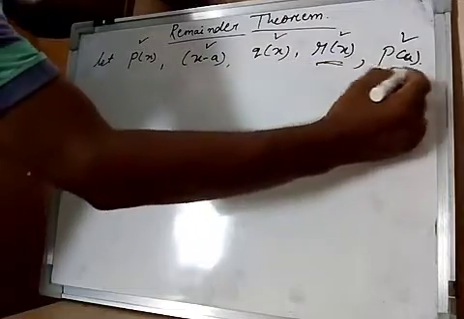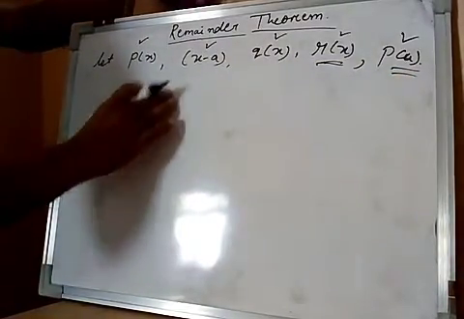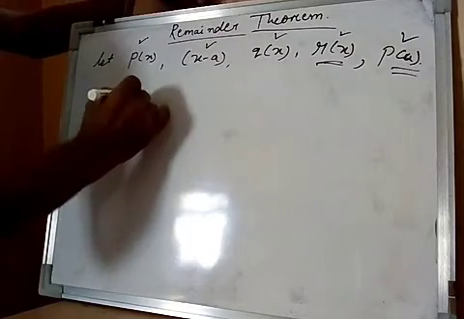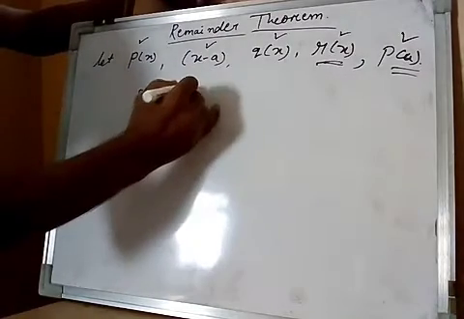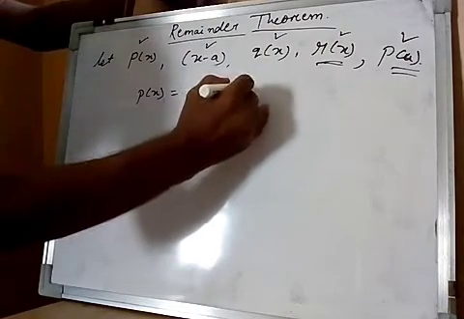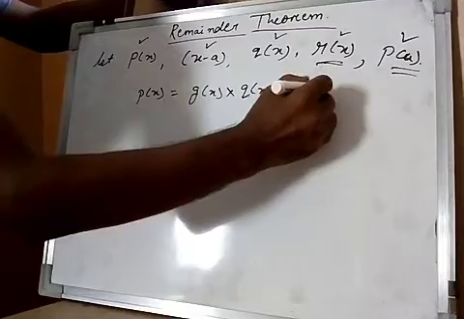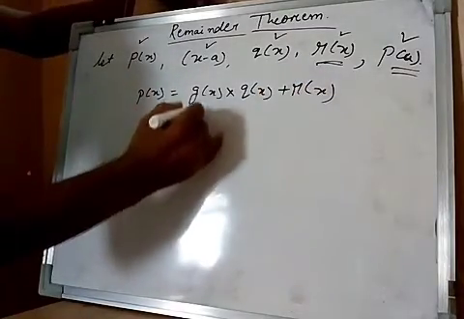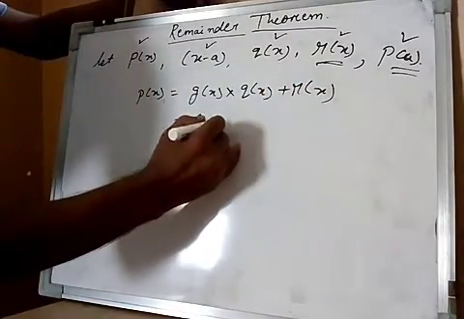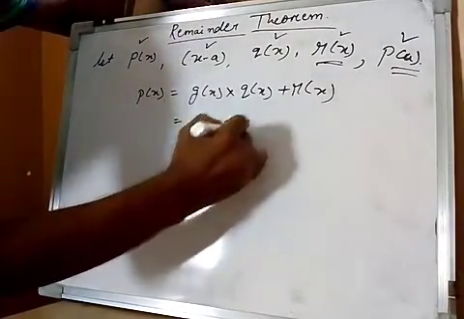That means both of these are equal. So see here, according to the remainder theorem formula, we know p(x) equals g(x) multiplied by q(x) plus r(x). Here g(x) is x minus a, the factor which divides p(x).